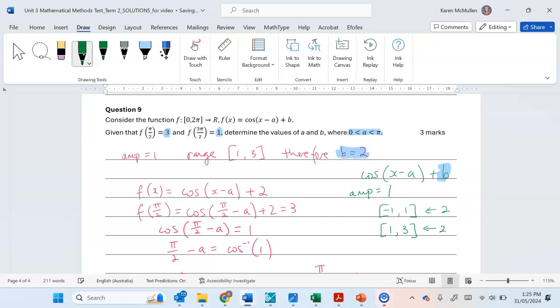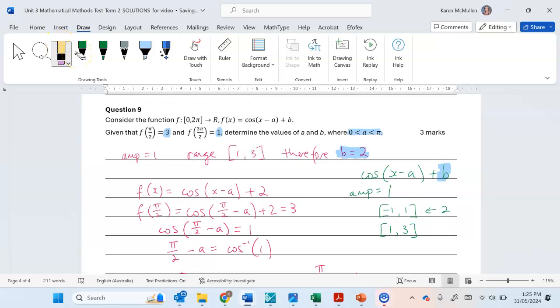So it can't be anything other than just being shifted up, and your minimum and your maximum. This 2 is not the same as your value of B. All right, it's just telling me that it hasn't been shifted up by more or had a different amplitude.